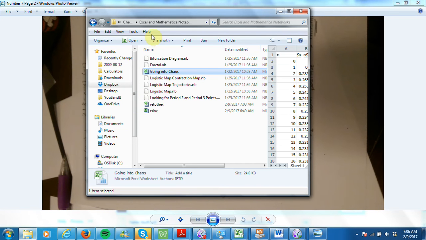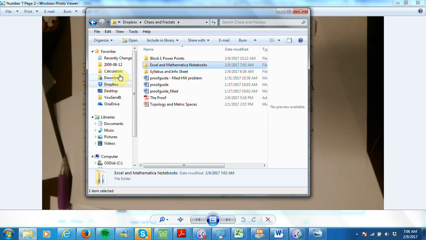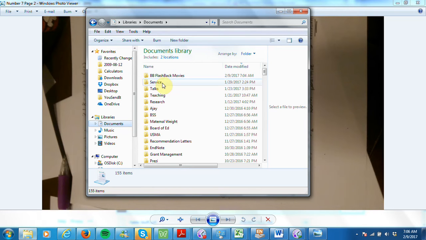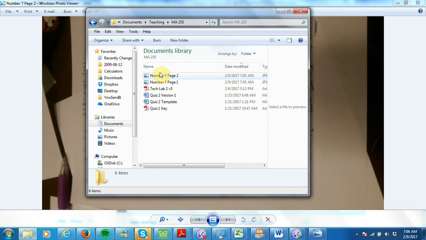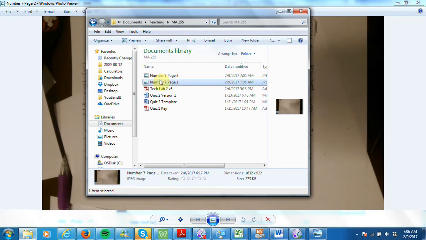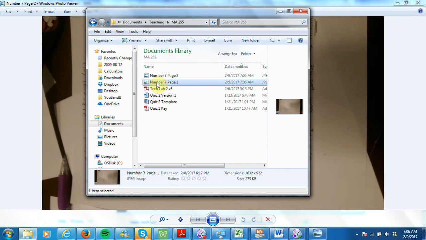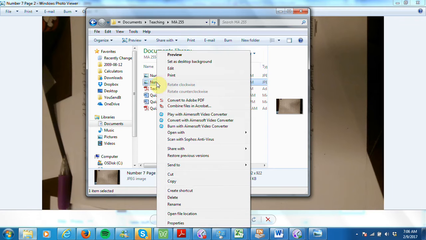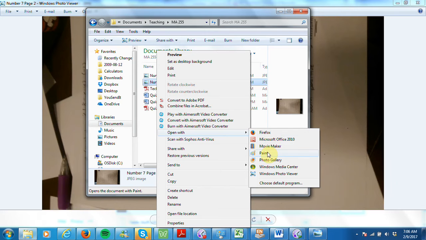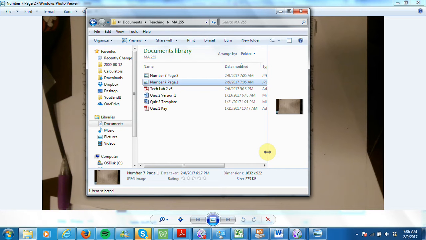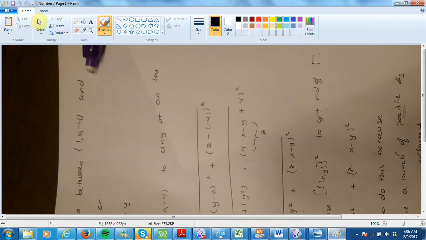So let's go to this problem. Still not allowing me, so let's open it in a different viewer, and then rotate that.